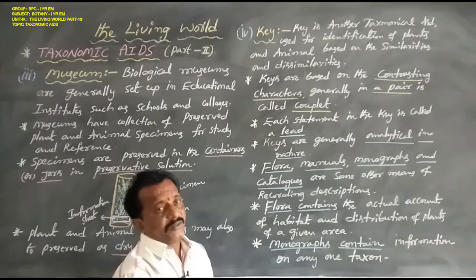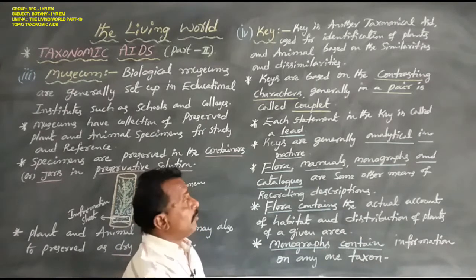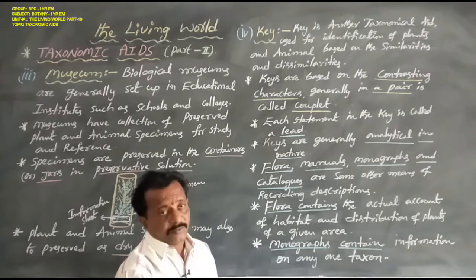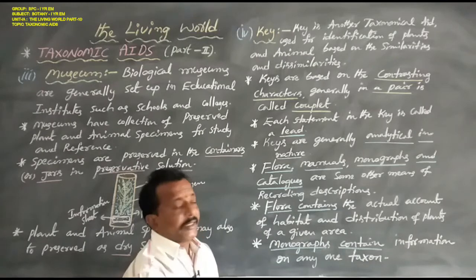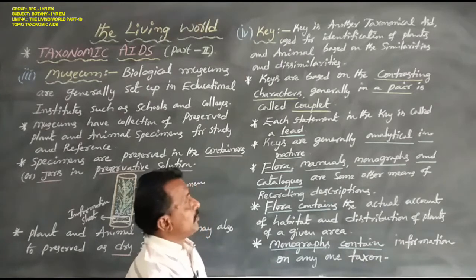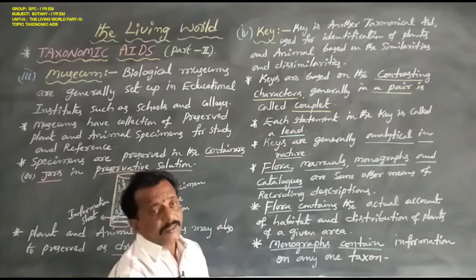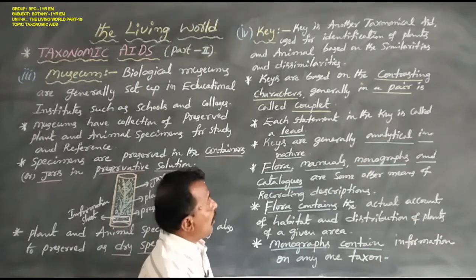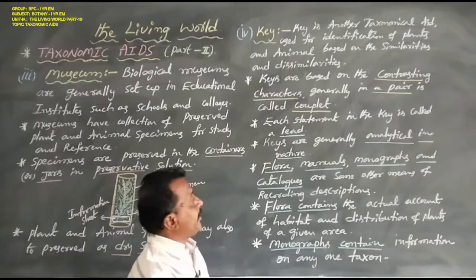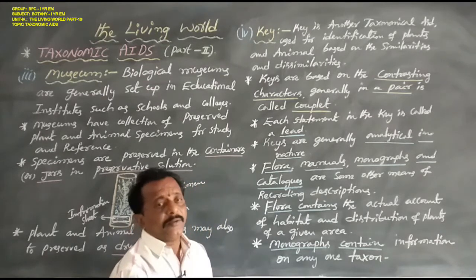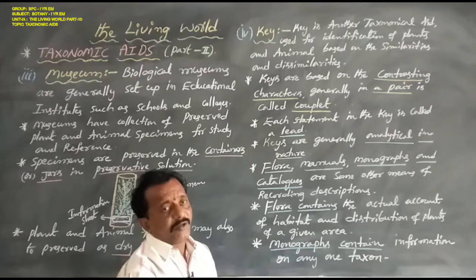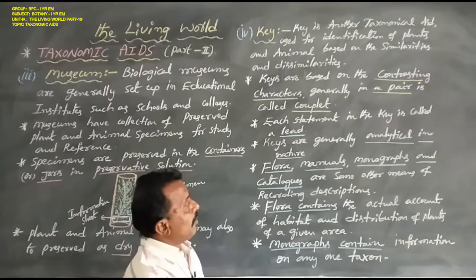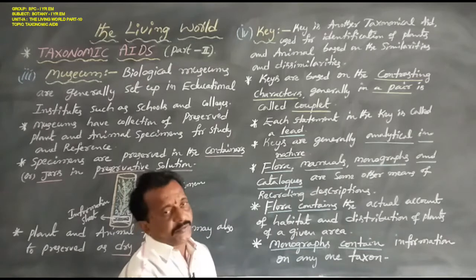These four are types of books: flora, manuals, monographs and catalogs.